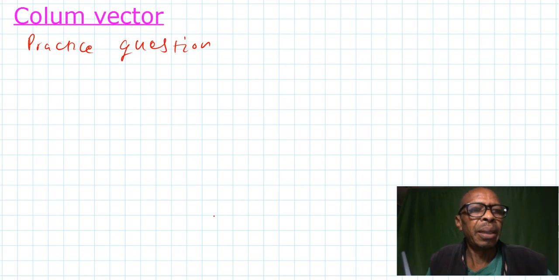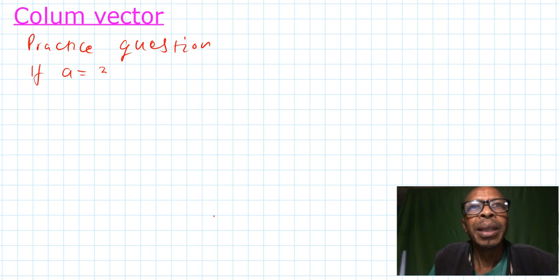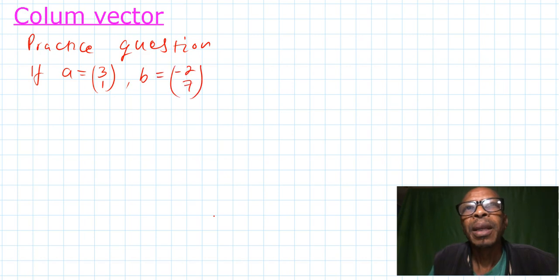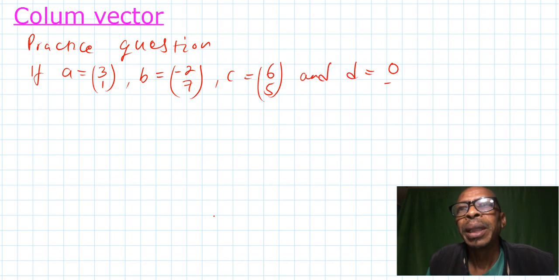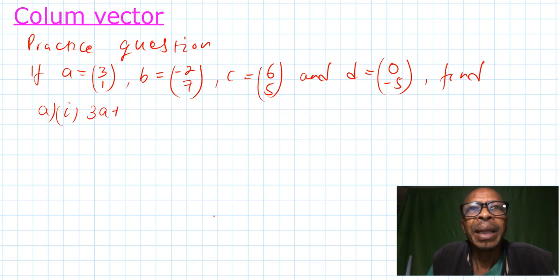You are told if A is equals to (3, 1), B is equals to (-2, 7), C is equals to (6, 5), and D is equals to (0, -5), find: Roman number 1, 3A plus 2B. Very similar to what we have done in our example.